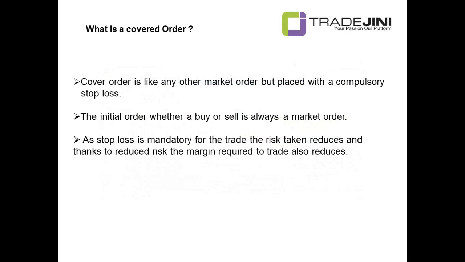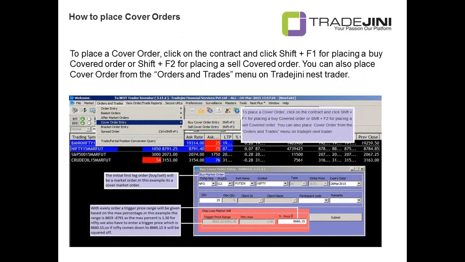In covered order, a stop loss is mandatory for the trade. When we place the trade, we have to enter a stop loss. And when we enter a stop loss, the risk reduces, and because of the reduced risk, the margin required to execute covered orders is also less. This is how the covered order will look in the Nest screen or Trade Genie Nest Trader.